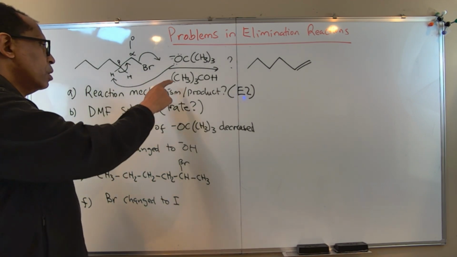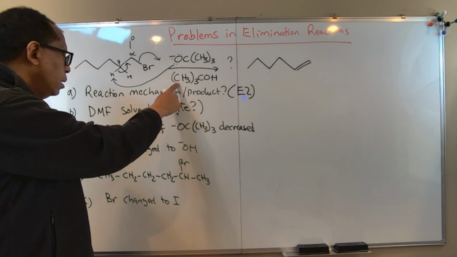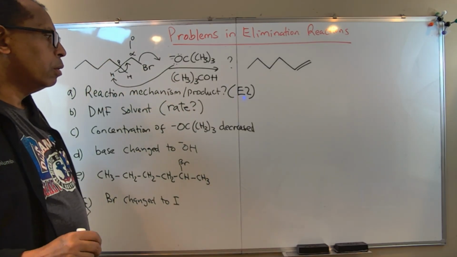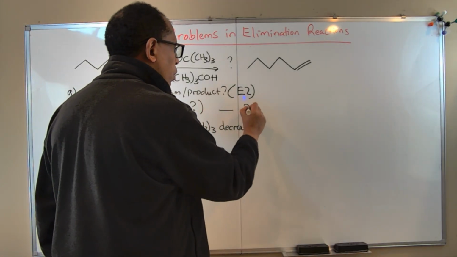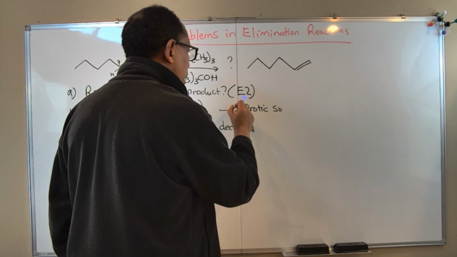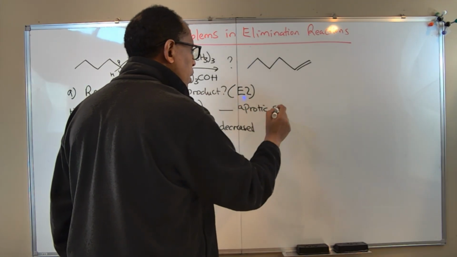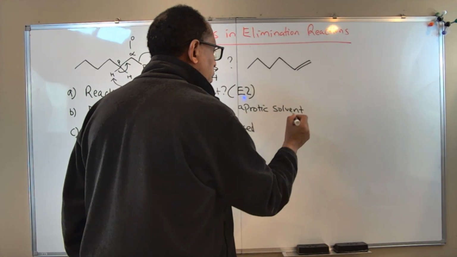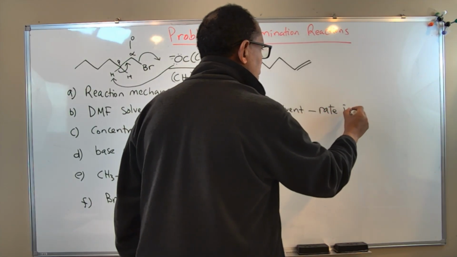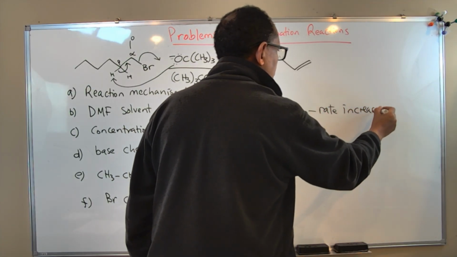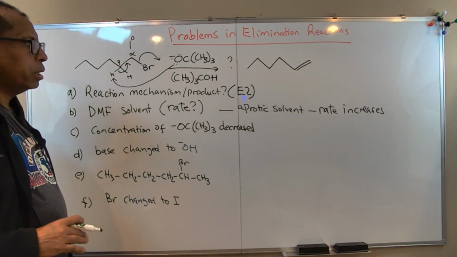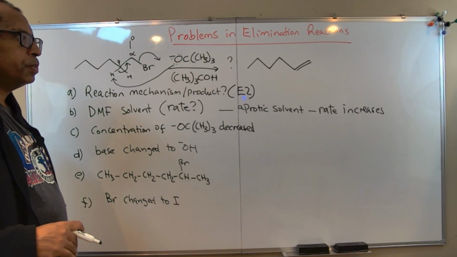So if you change this protic solvent to an aprotic solvent, the rate for an E2 reaction would increase. Aprotic solvents for an E2 reaction, rate increases.